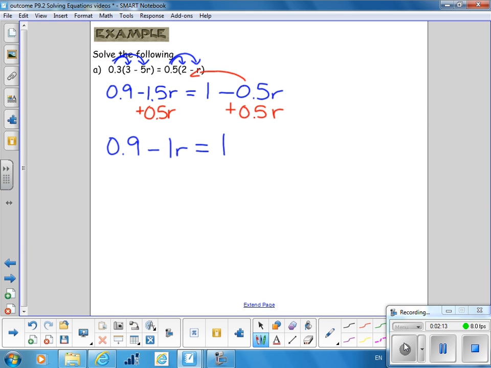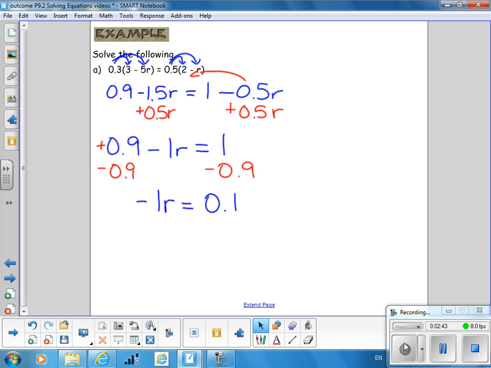So we need to move that 0.9. Right now it's a positive 0.9. If there's no sign out in front, it means it's positive. And the inverse of adding is subtracting. So I'm going to subtract 0.9 from both sides. So 0.9 subtract 0.9 is 0. So we're going to have negative 1r equals 1 minus 0.9, which gives us 0.1.